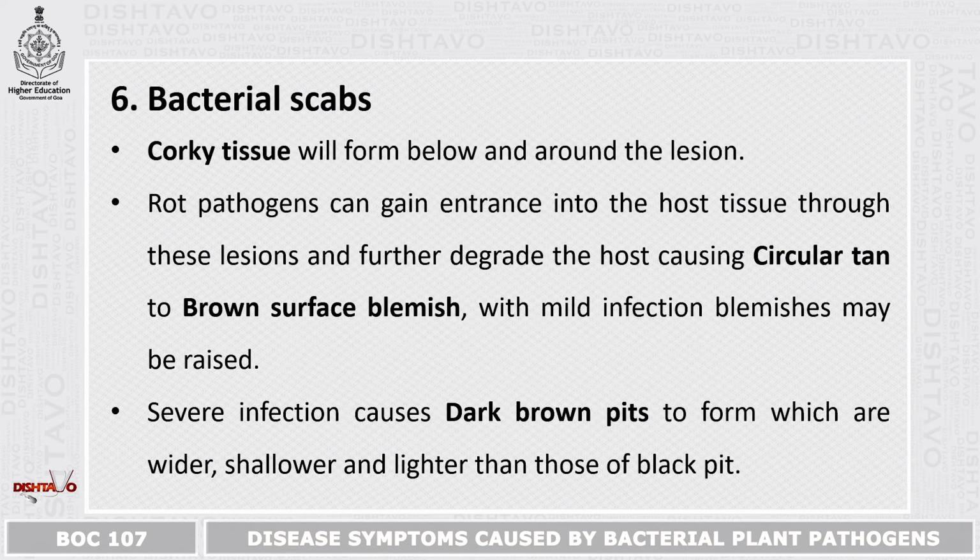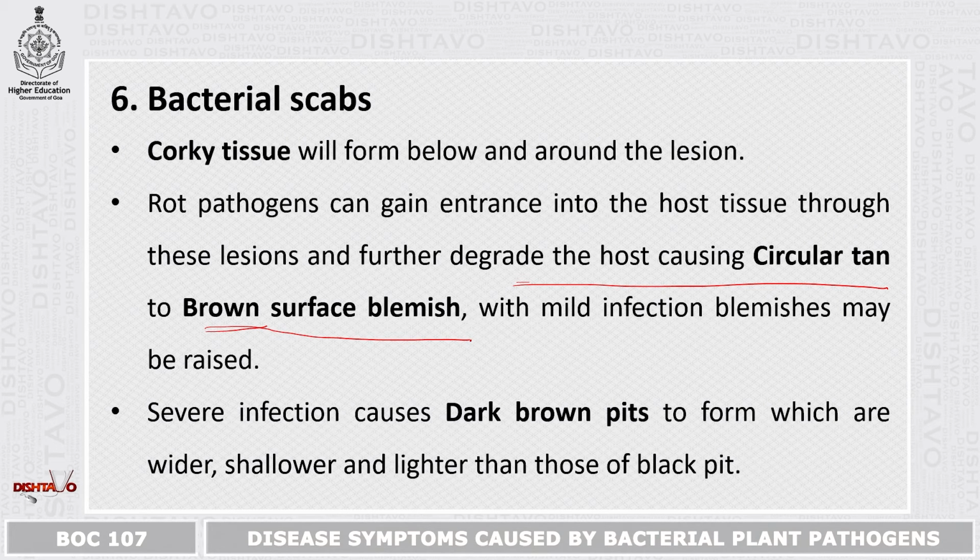Next symptom is bacterial scabs. The characteristic is that corky tissue will form below and around the lesion. Then rot pathogens can gain entrance into the host tissue through this lesion and further degrade the host, causing a circular taint, or it will form some brown surface blemish.